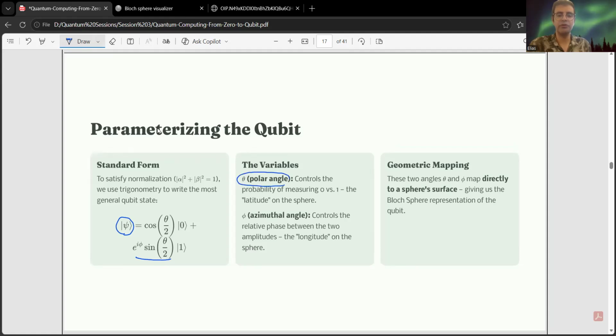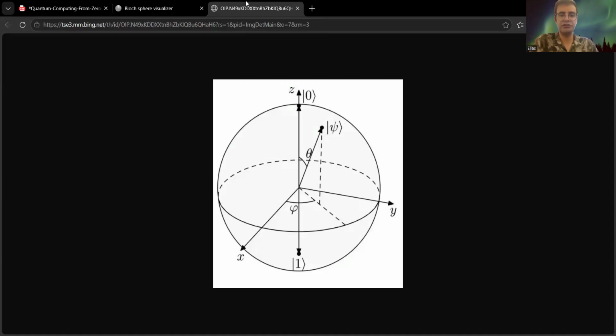And theta is the polar angle. And here we also have the other angle, phi, the azimuthal angle. But let me show you in the picture because I know it's going to be confusing.